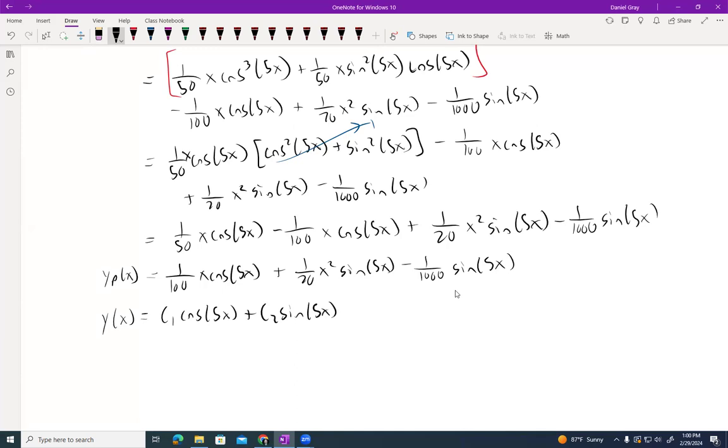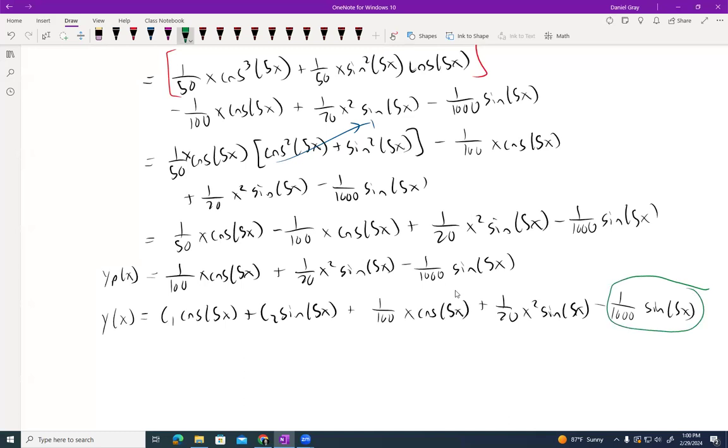And then I add on my particular solution, which is plus 1 over 100 x cosine of 5x plus a 1 over 20 x squared sine of 5x minus a 1 over 1,000 sine of 5x. But sine of 5x is another homogeneous solution. So this minus a constant times sine of 5x is just going to get eaten by this.